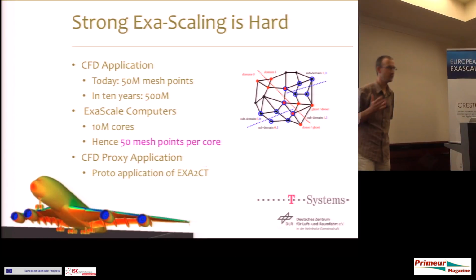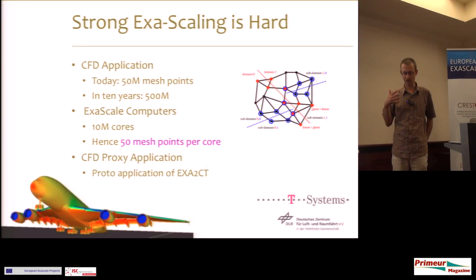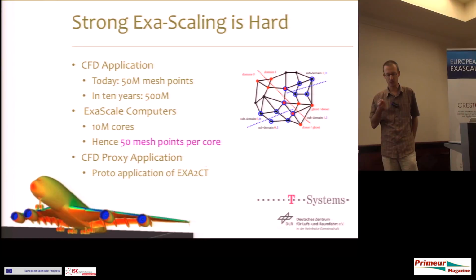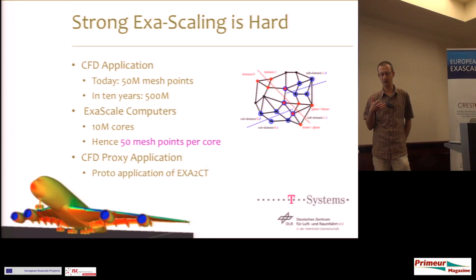So this is from the application point of view. From the computer point of view, we see that computers will get more parallelism, and some of this parallelism will be in the context of many more cores, in the order of magnitude of 10 million cores. But although you have many more cores, the amount of memory won't scale that much. So it might be that you even have less memory per core.